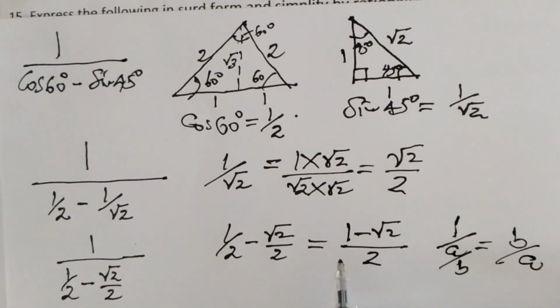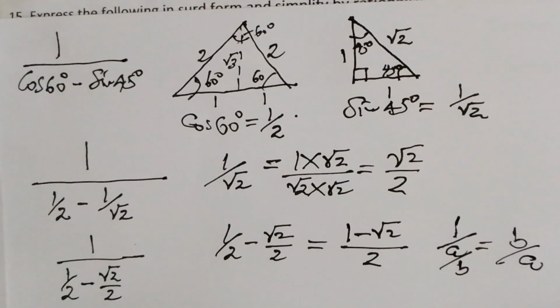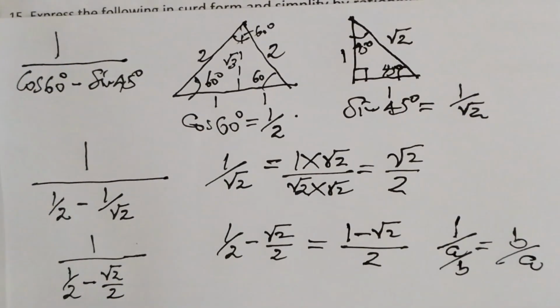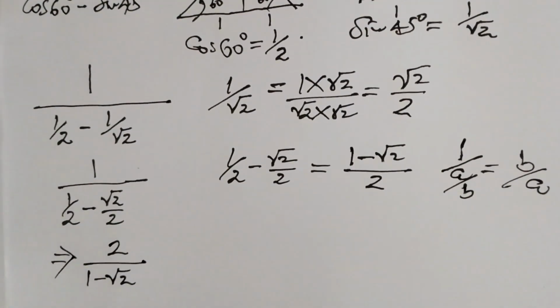So the whole of this, 1 over the whole of this, now turns into 2 over 1 minus root 2.